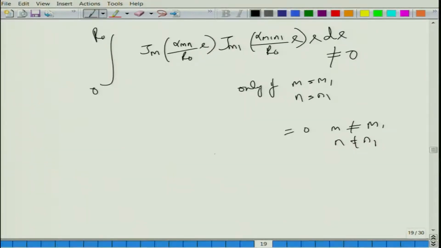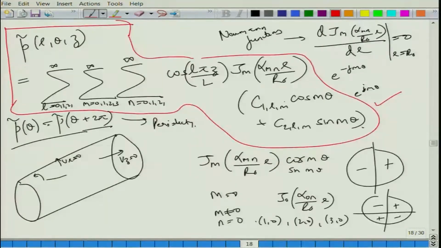Eventually, you multiply by r dr d theta and integrate over the volume. Take this term along with the Bessel function, this with the trigonometric function, and this with the trigonometric function along the z direction, and then invoke mode orthogonality to get the modal coefficients, which are given here, C1 lmn, C2 lmn. Okay. Once we get that, then back substitute to get the Green's function.